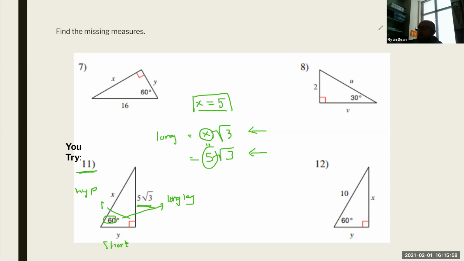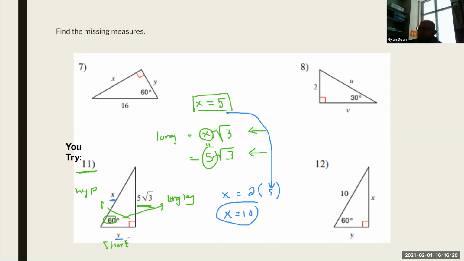Now I'm at the point where I just need to figure out this blue x, and then y. For the blue x, I have 2 times this guy, 2 times 5, so x is equal to 10.